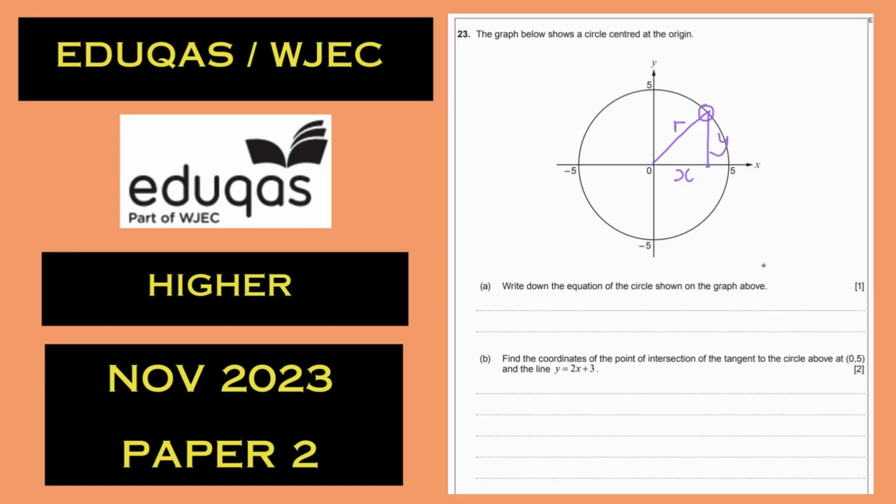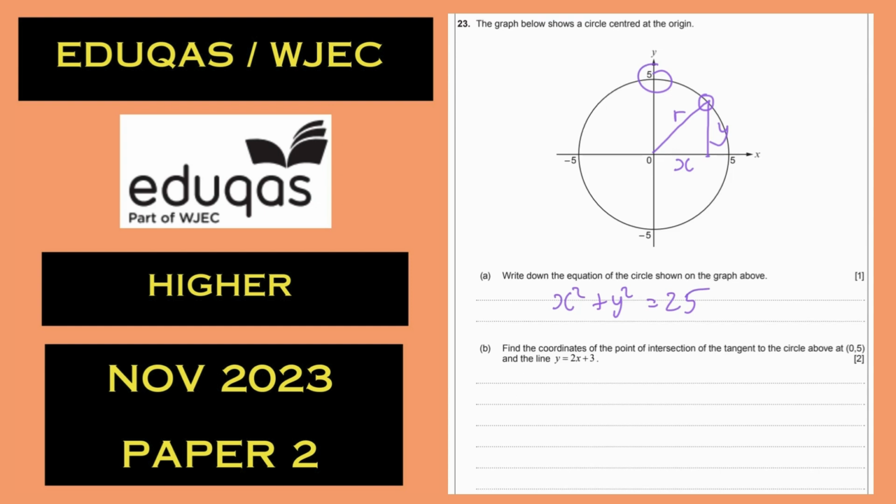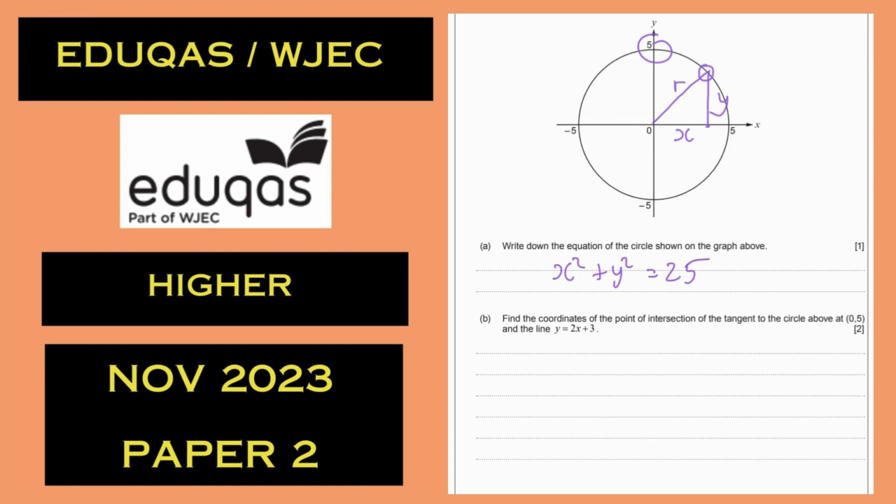We can simply say that x squared plus y squared equals the radius squared, and the radius is 5. You can write it as 5 squared if you wish, or 25. Mark scheme allows both.